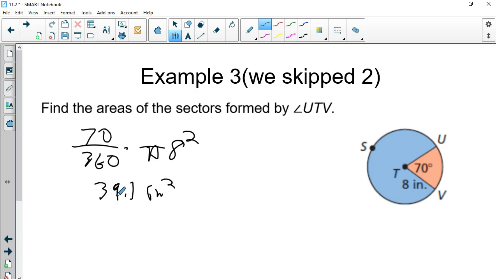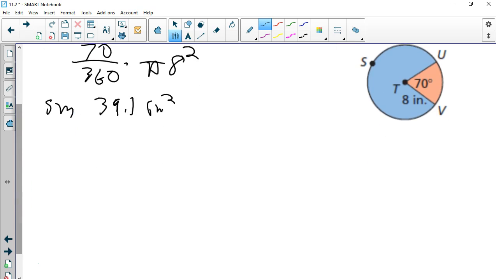All right? Now, it says find the areas of the sectors. So, this is the small section. And then, basically, we're going to find the area of the big section. So, that's going to be, instead of using 70, we're going to do 360 minus 70, which means this angle right here is 290.